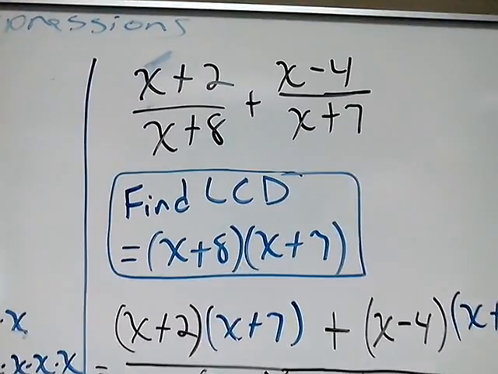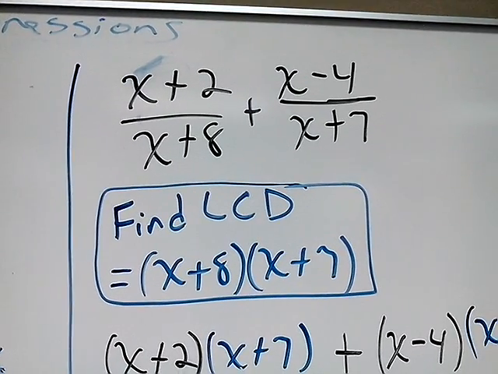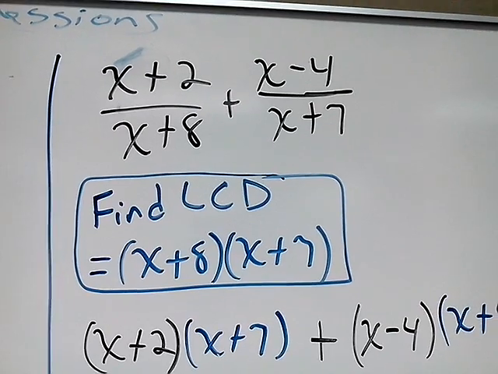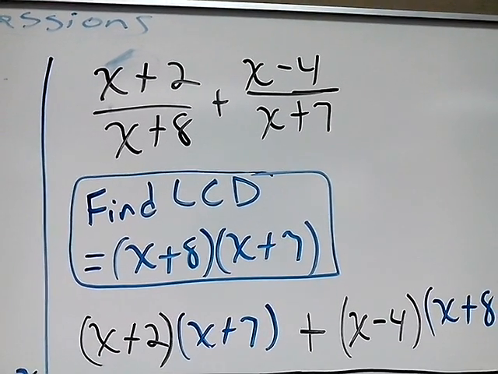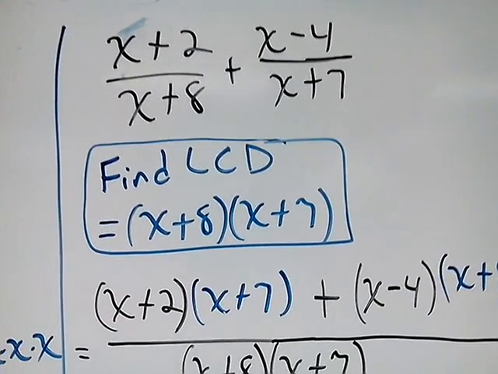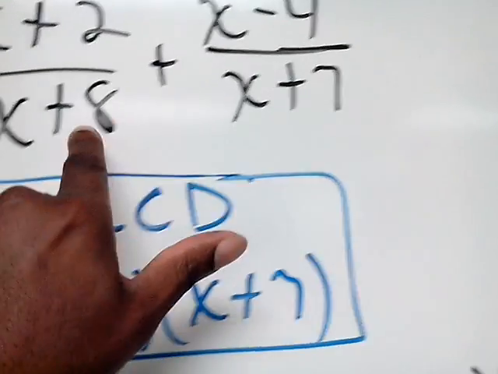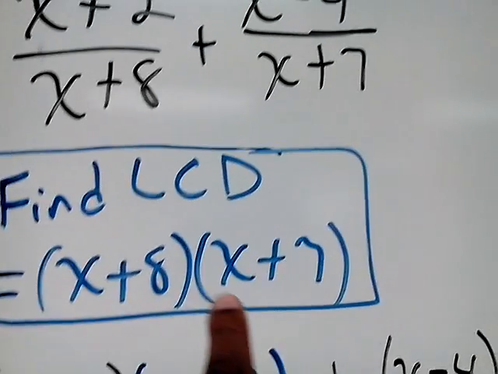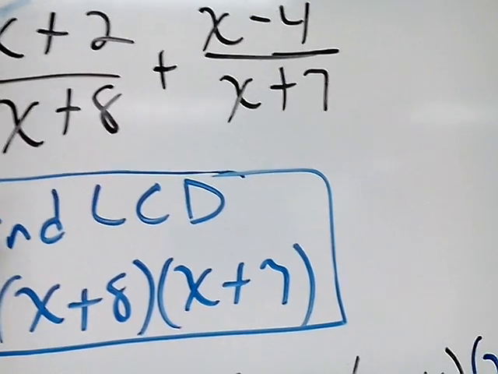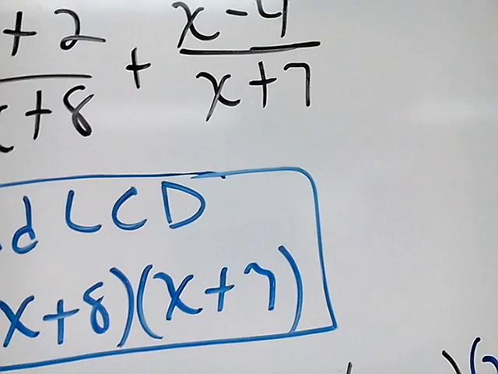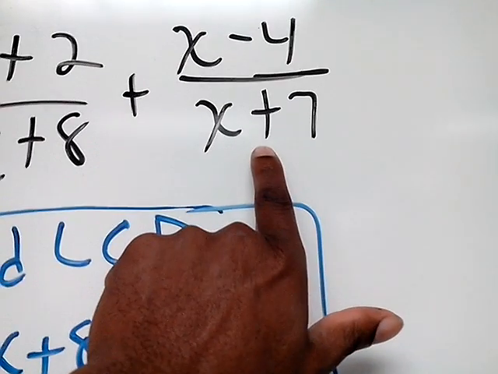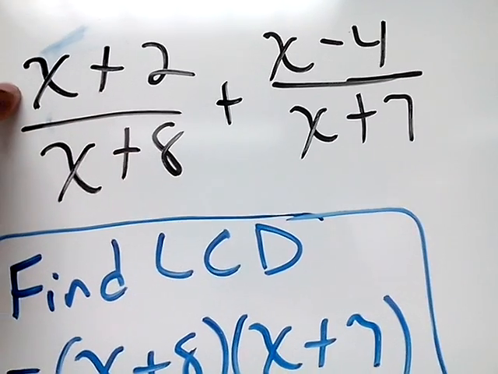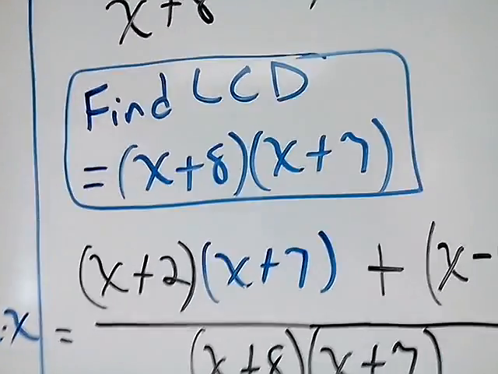In another example, we have x plus 2 over x plus 8 plus x minus 4 over x plus 7. The LCD is just multiplying the two together. Once we do that, we find the new fractions by taking what we have over on this side, which is the x plus 7 in this case, and multiplying it by the numerator there.